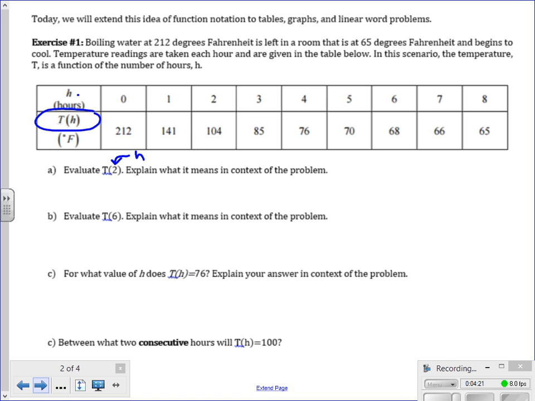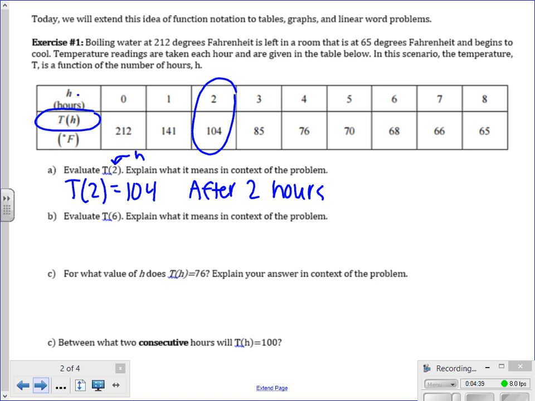So what I'm going to do is I'm going to go to where h is 2 on the table and look at the output. Well, the output for hours of 2 is 104. So in context of the problem, this means that after 2 hours, the water is 104 degrees Fahrenheit.